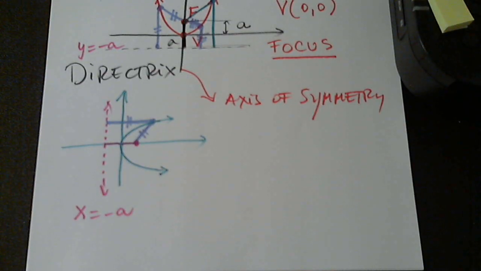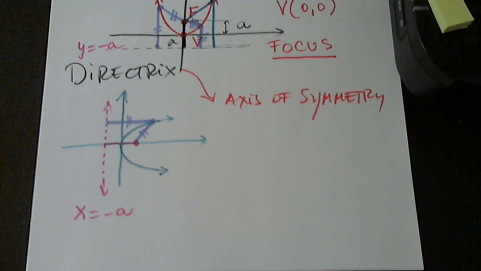It's x squared equals negative 4y. And we have to determine different things, which basically is the distance from the vertex to the focus. That's the A that we are looking for. Okay, so let's start with this one.